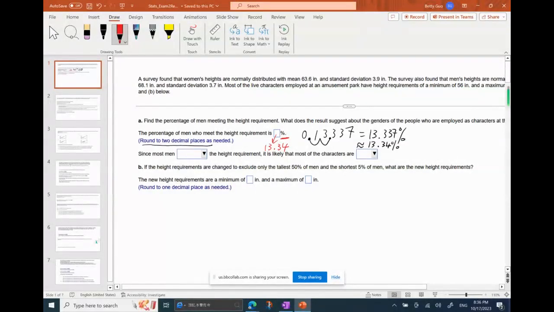Even this question, which I would say is straightforward, the rounding might get someone. Yes or no, guys? Do you see what I'm talking about here? So 0.13 is not enough.